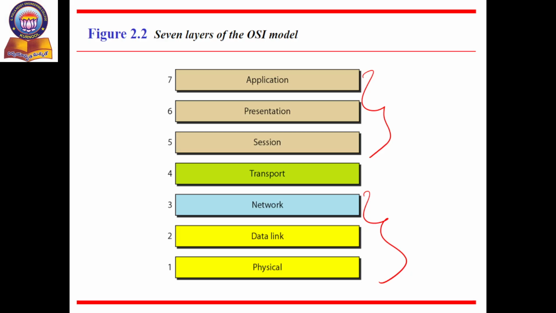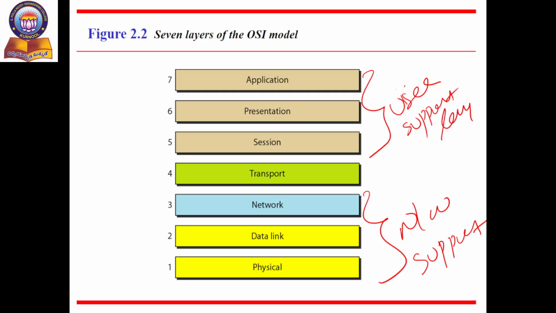The bottom 3 layers are the network support layers, and the top three layers are the user support layers. The middle one, the transport layer, makes the bridge between user support and network support layers.